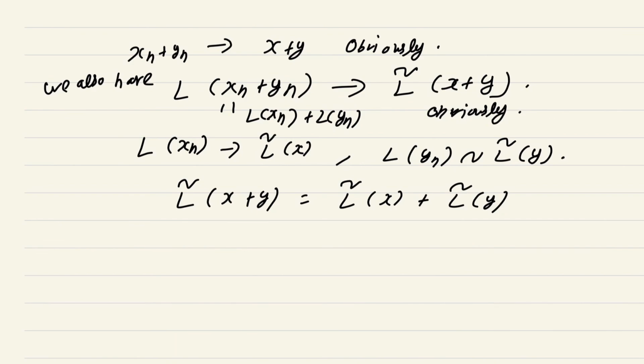We have essentially exploited the linearity of the map L on the space f of V and translated it to L tilde by passing to limits. Similarly, you can show that L tilde of cx is c L tilde of x, exactly in the same way. This will prove that this extension L tilde is linear.